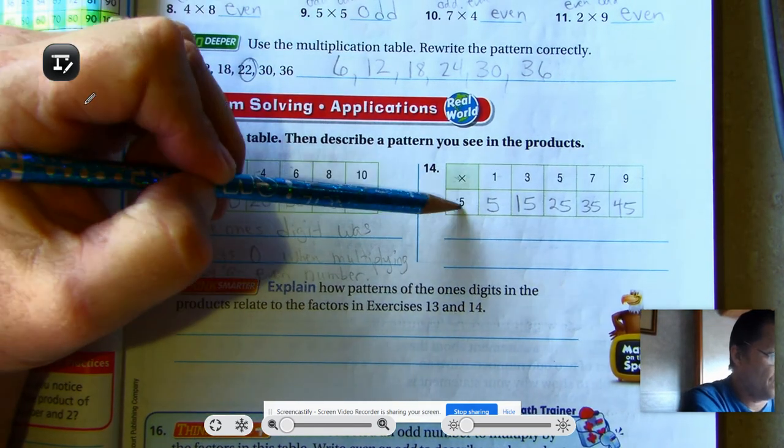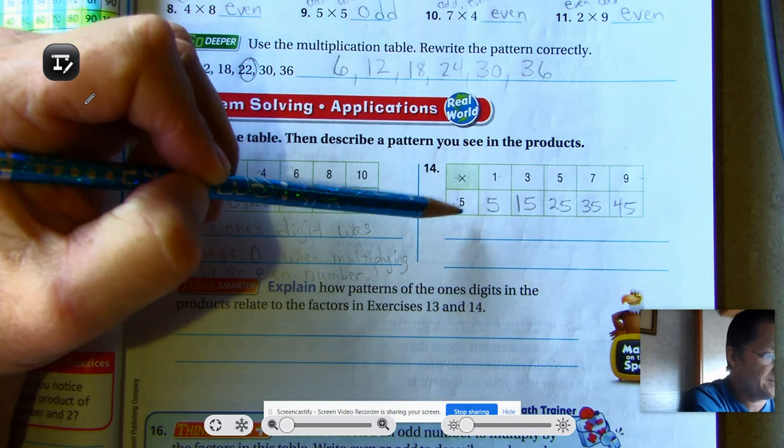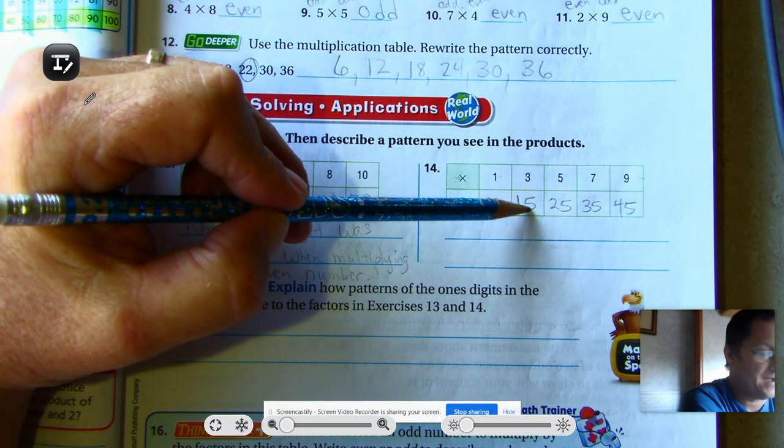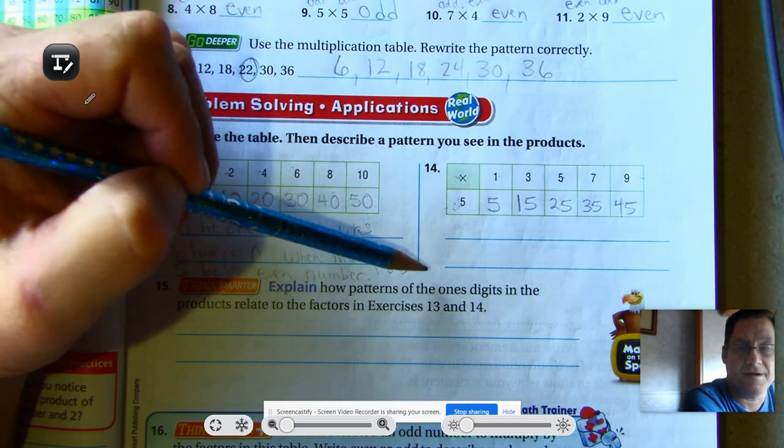All right. So here I noticed 5 times 1 ends in 5. 5 times 3, the ones digit's 5. 5 times 5, the ones digit's 5.